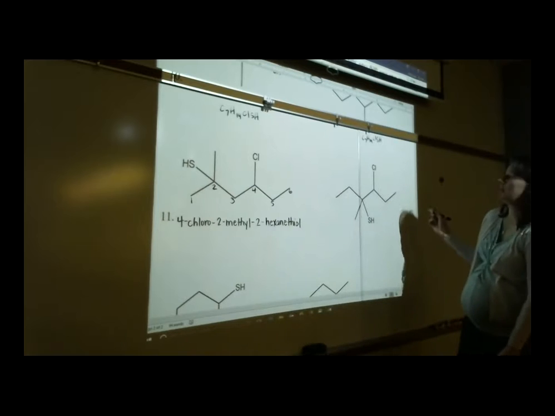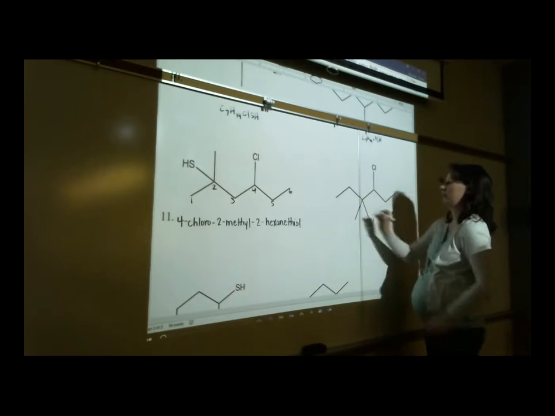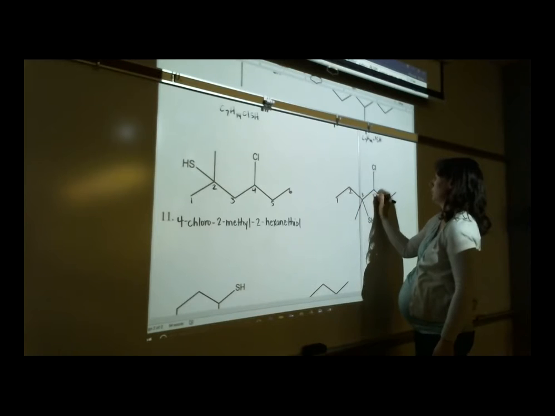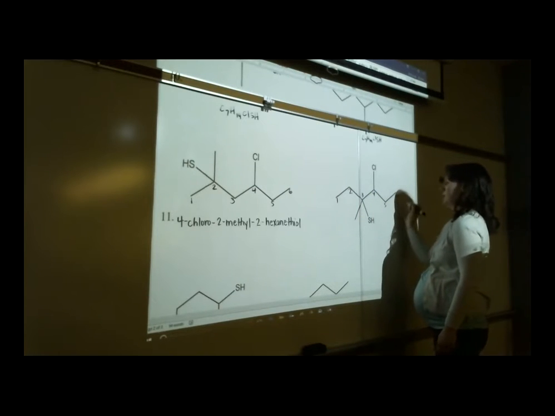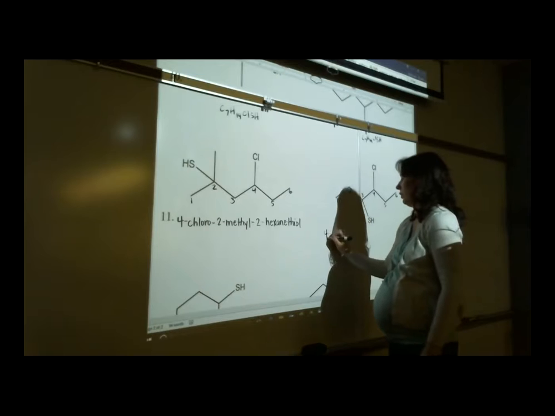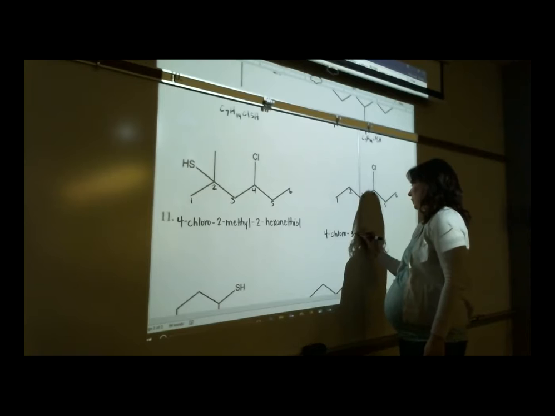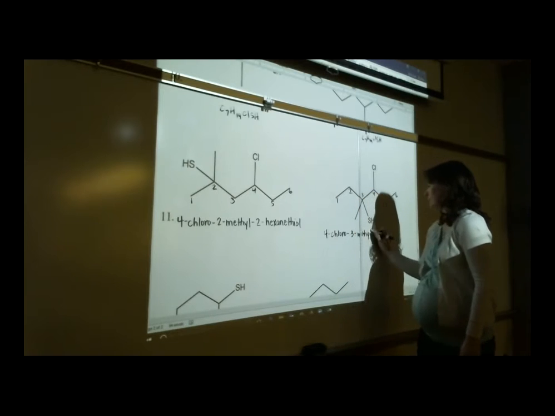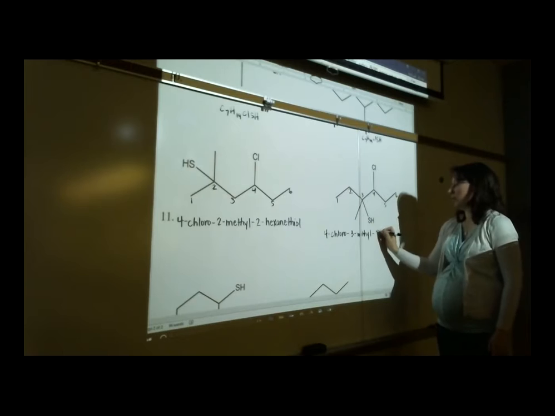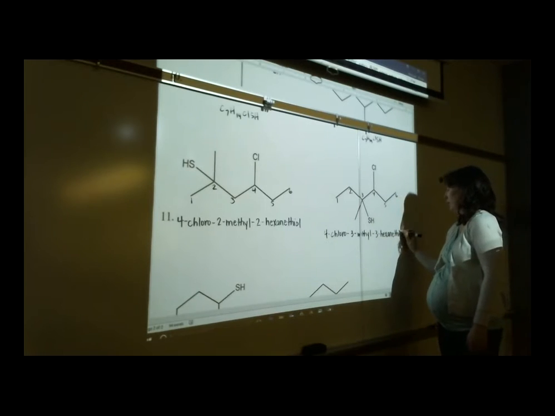And then over here, do we number from the left or from the right? From the left. 1, 2, 3, 4, 5, 6, 7. Okay. So what's the name here? 4 chloro, 3 methyl, 3 hexane thiol.